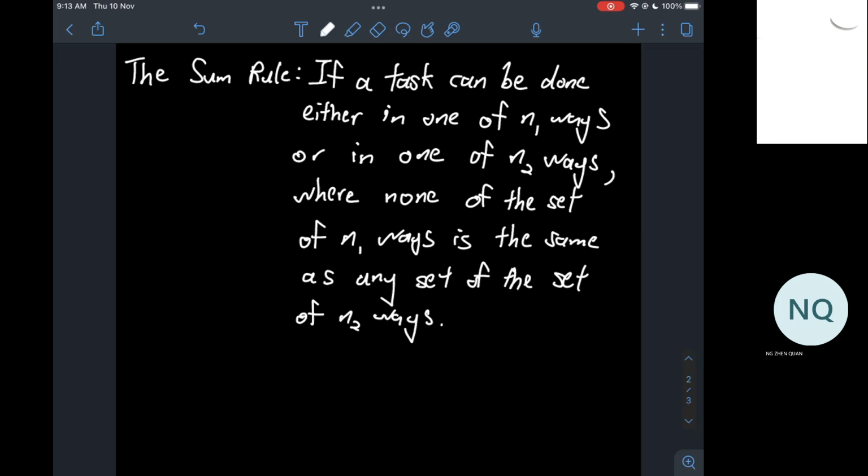Then there are n1 plus n2 ways to do the task.